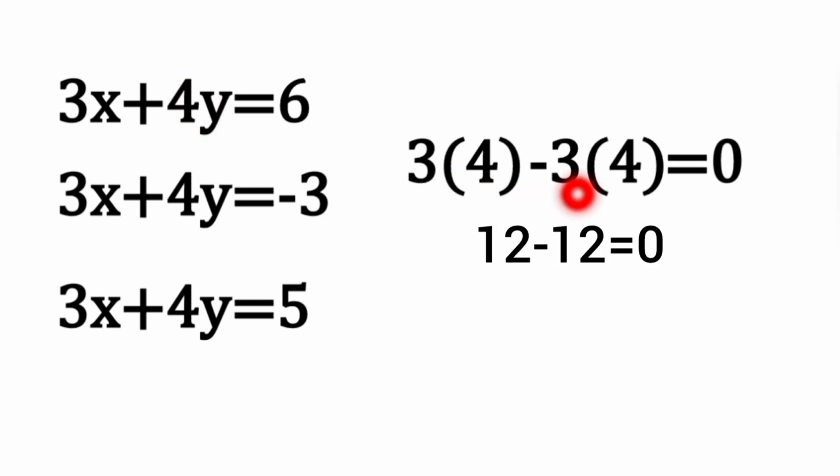This is 12 minus 12, which is equal to 0. And this is also another indication of parallel lines. If you multiply the coefficient of x for the first line by the y coefficient in the second line, minus the coefficient of x for the second line times the coefficient of y for the first line, this is equal to 0.